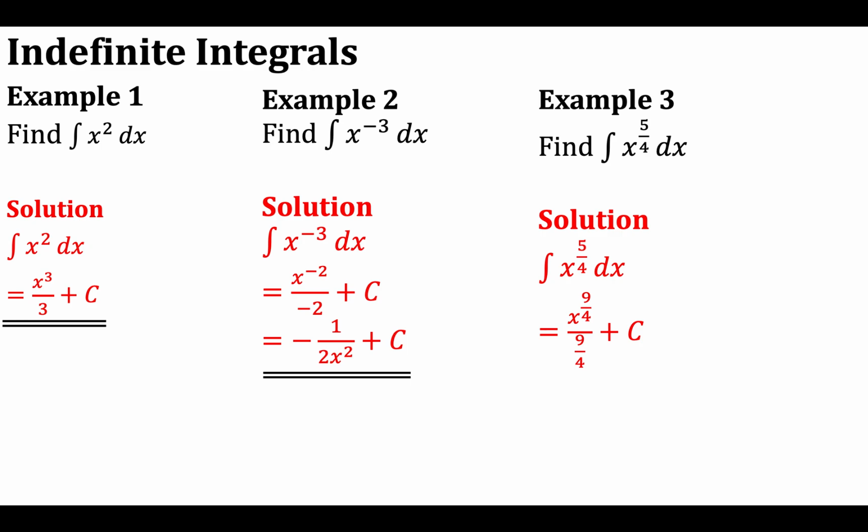And the reciprocal here is 4/9. So this is the same as multiplying by 4/9, as you can see here, and we can express our x to the 9 quarters with a radical sign. So it's the 4th root of x to the 9 plus c. So it's 4/9 of the 4th root of x to the 9 plus c, and that's our final answer.